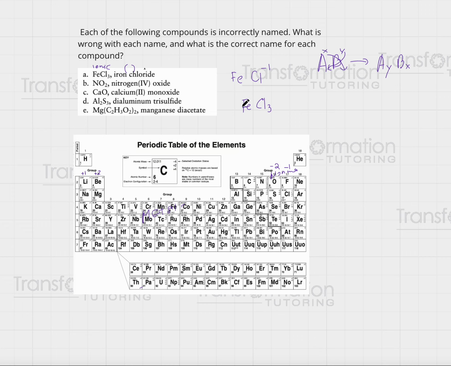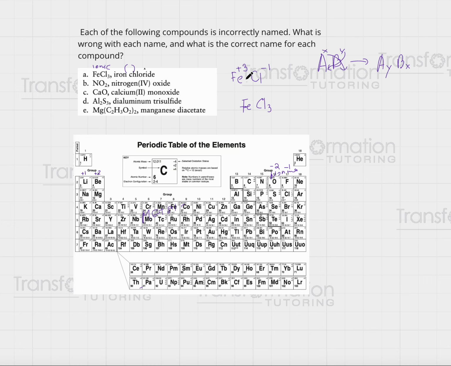Here I see that next to Fe there is no number, which means it's 1. Where did this 1 come from? This 1 came from chlorine. And next to chlorine I have a 3. Where did this 3 come from? That must have come from iron. So the charge for iron had to be +3.